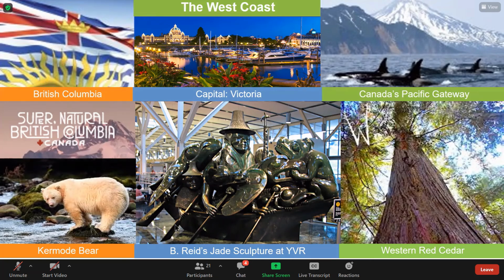When you go to Squamish on your way, there is a mining museum, and you will see the store with a lot of jade, kind of green stones. So this sculpture in the airport is made from jade, by the famous artist Bill Reid, and he's a famous First Nation artist. Next, please.